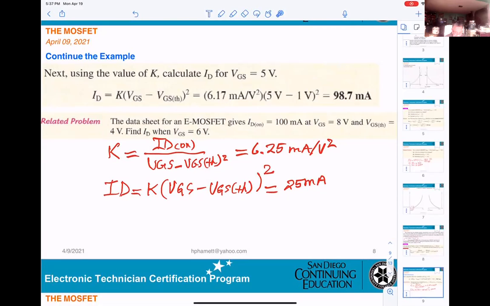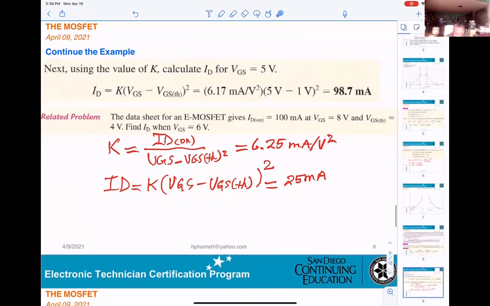Same thing: first you must calculate K. K equals ID(on) divided by (VGS minus VGS(th)) squared, so you get 6.25 milliamp per volt square. Then you apply it to the formula to calculate ID: K times (VGS minus VGS(th)) squared. You get 25 milliamp.